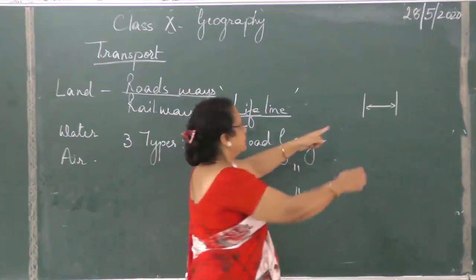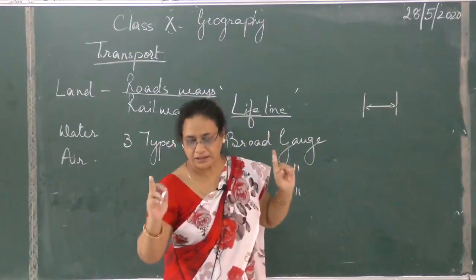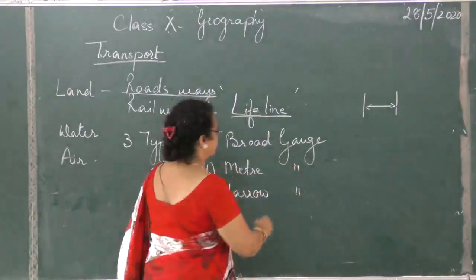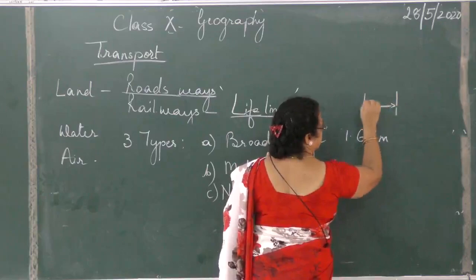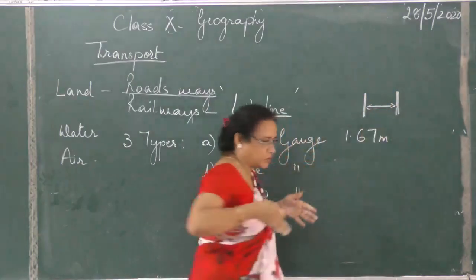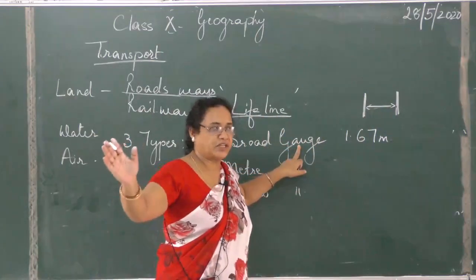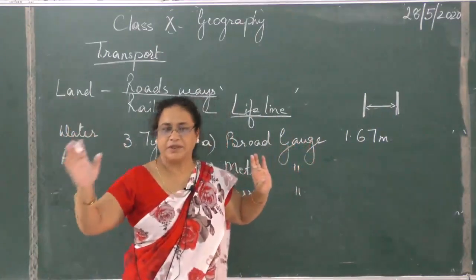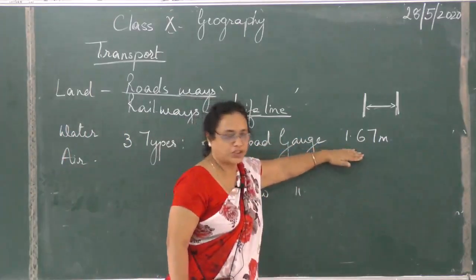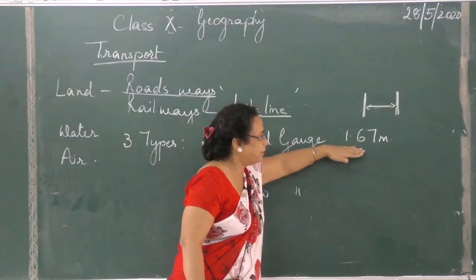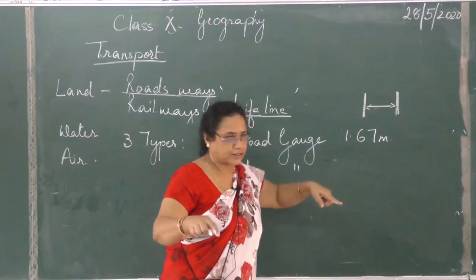Broad gauge meaning the distance between the tracks is more than 1 meter, and the exact figure is 1.67 meters distance, this distance between one track and the other on which the wheels run. That means most of the trains you see, whether it's Rajdhani or Shatabdi or big trains like that, they have the normal size, the coaches, because they are moving on 1.67 meters of distance rails.